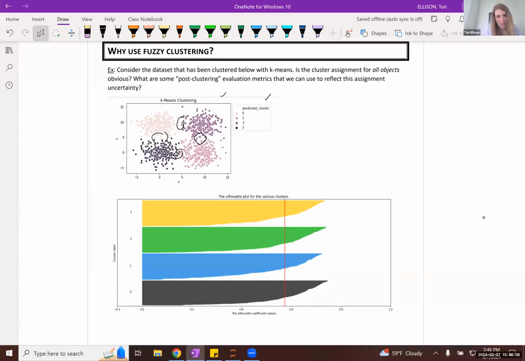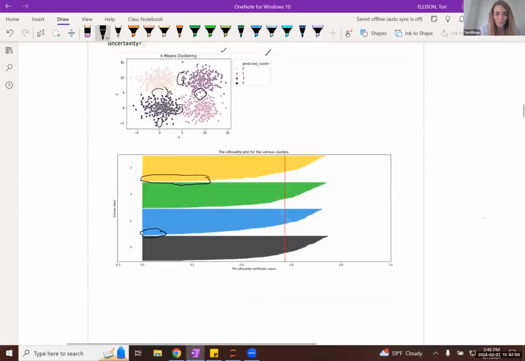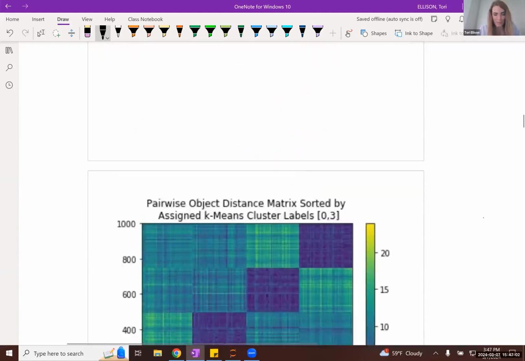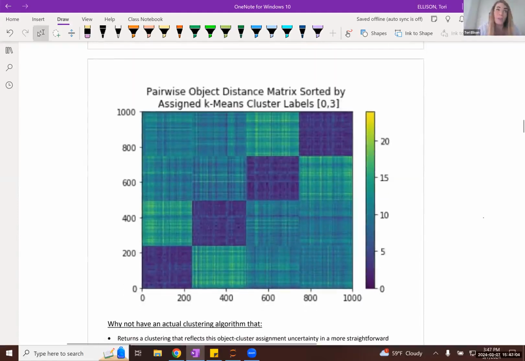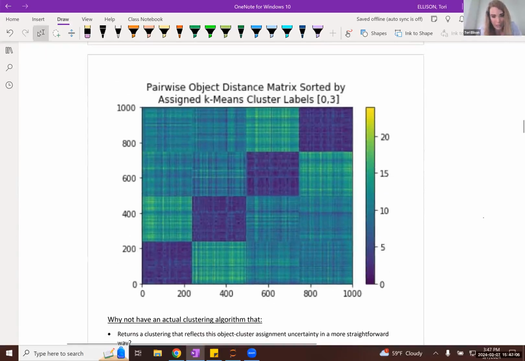And to some extent, our silhouette plot is able to reflect that. It does show us that there are some observations with low silhouette scores, indicating that they're somewhat closer than other observations in their cluster to some other cluster. But the nice thing is, we can also use our cluster sorted similarity matrix as well.